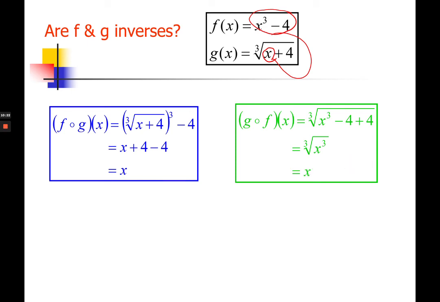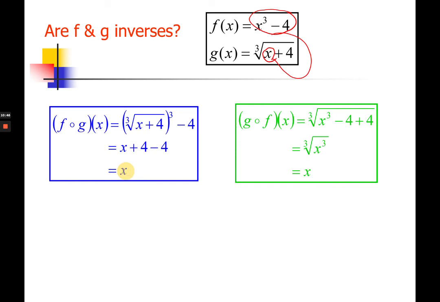You don't have to show both. You can either choose f composed of g of x or g composed of f of x. And if the result is x, then the given functions are both inverse of each other. If the result is not x, like 2x, 3x, x is understood as 1x.